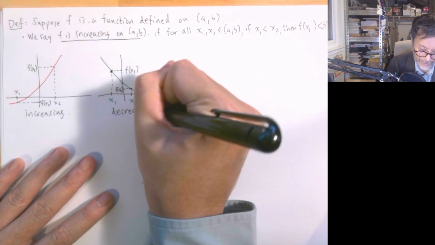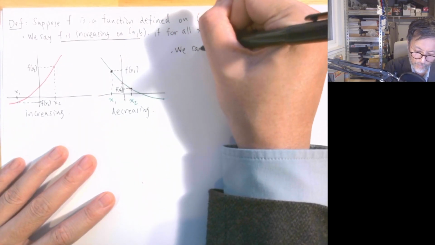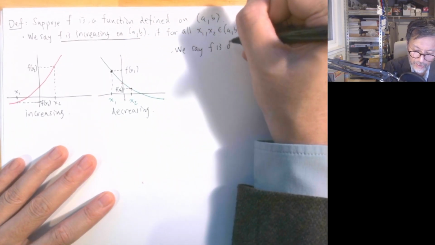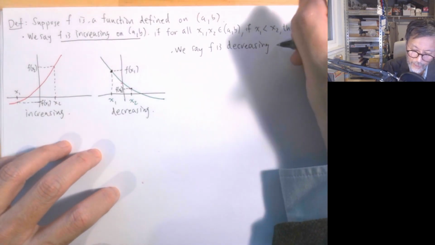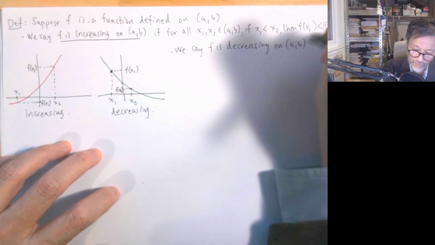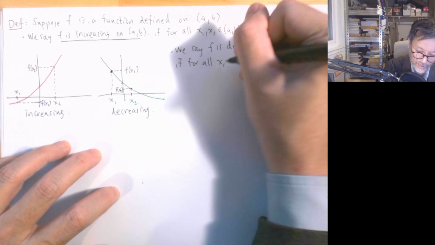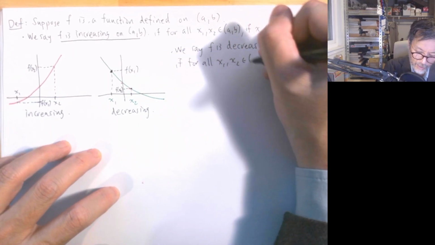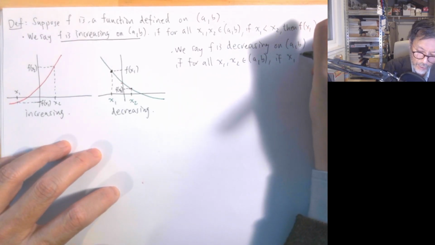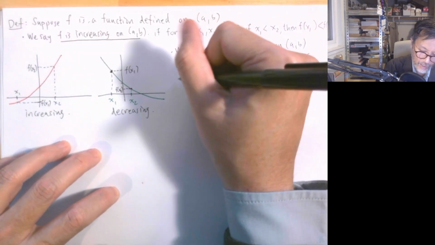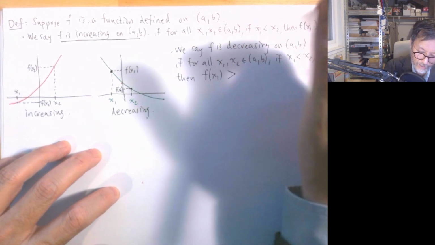Let me now define it. We say f is decreasing on the interval from a to b if for all x1 and x2 in a comma b, if x1 is the smaller of the two, then f of x1 is bigger than f of x2.